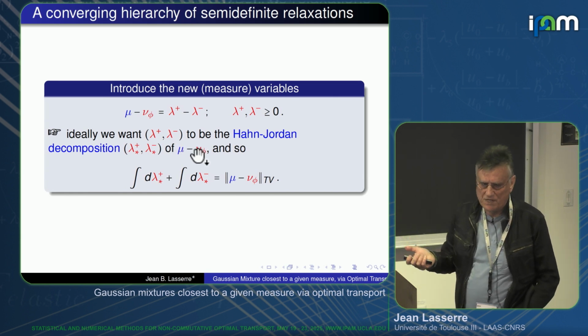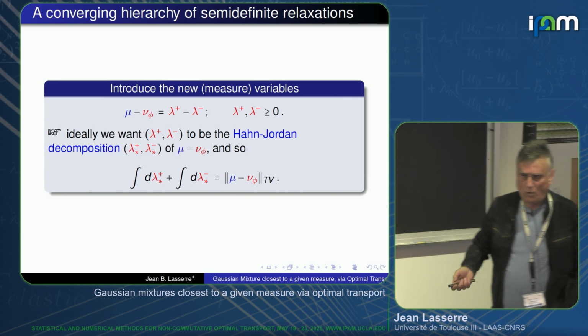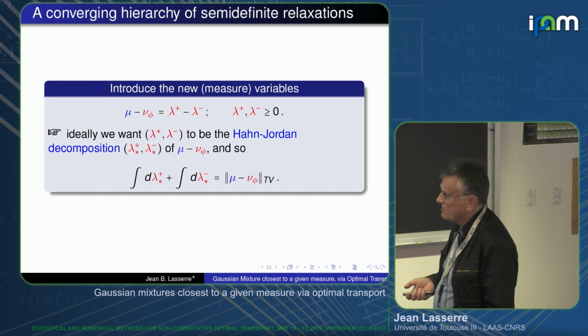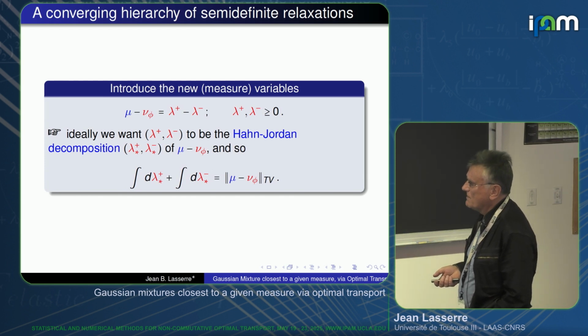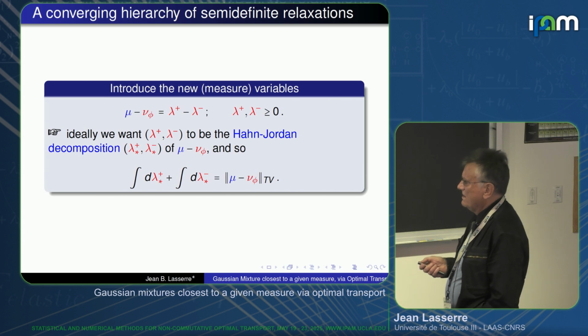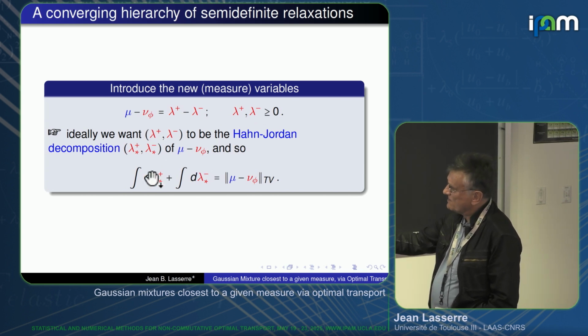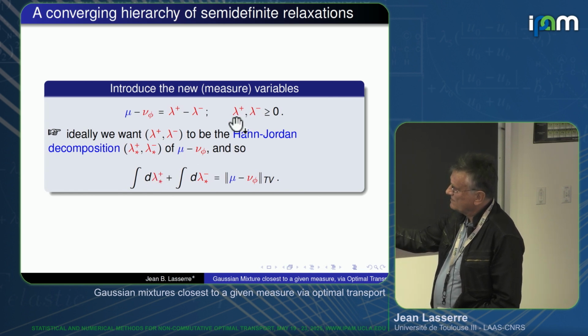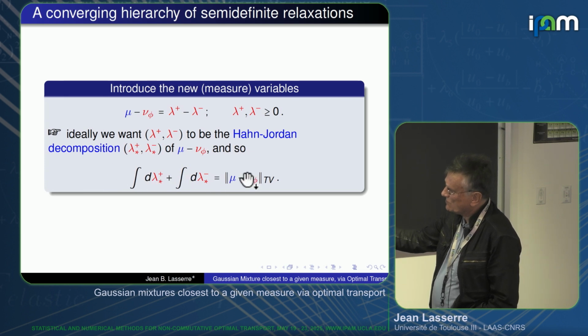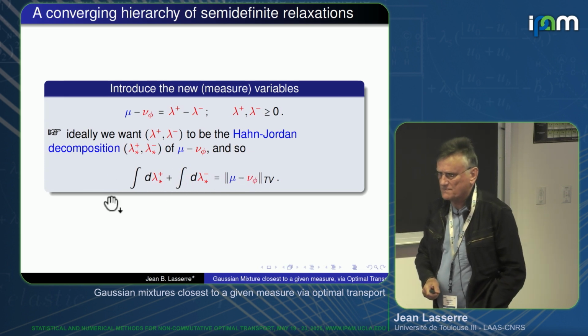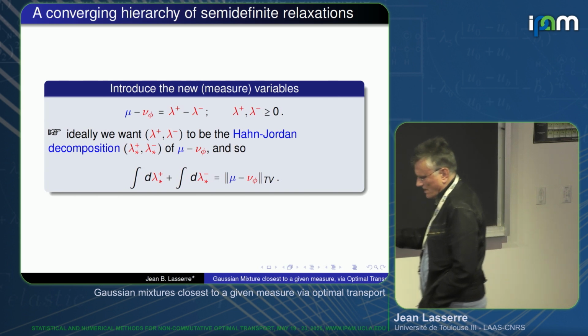This is the whole goal of the total variation. And when you write it like this, assuming that this is indeed the Hahn-Jordan decomposition, then the total variation is just the sum of the two masses, okay? This is classical.